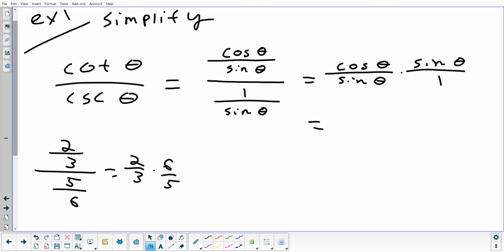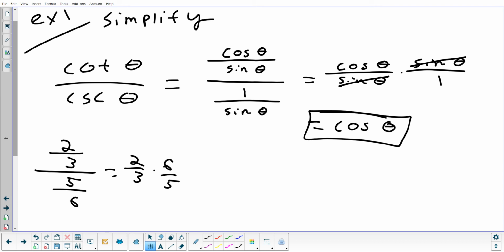Now, if you're adding two fractions, and it has the same thing in the top and the bottom, no, it doesn't cancel. The only thing you can do when you're adding fractions is common denominators. But when you're multiplying fractions, you can cancel if you have the same thing in the top and the bottom. And now, what am I left with? Chris? Cosine theta. Yeah, all I'm left with is cosine theta.